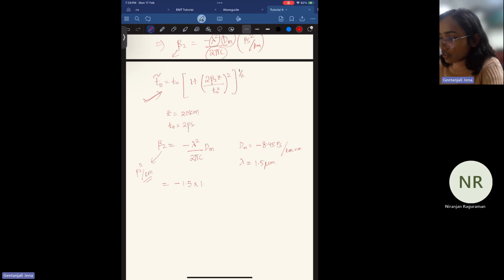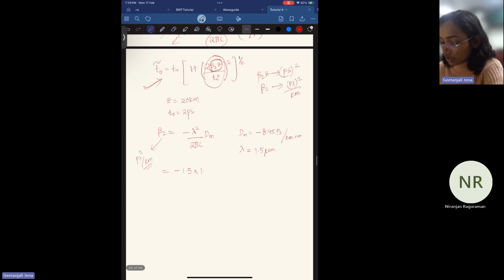Because here you can see beta 2 z should have the dimension of T0, which is picosecond square, T0 square, right? So we should calculate beta 2 in terms of picosecond square per kilometer. That is why we are making a unit conversion.